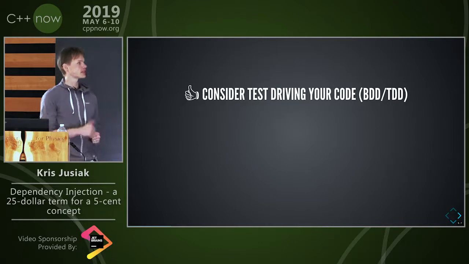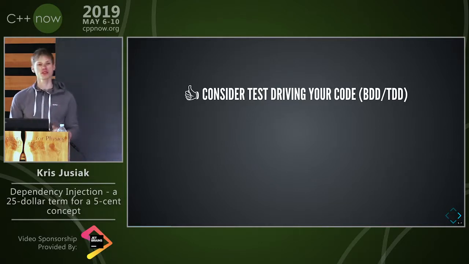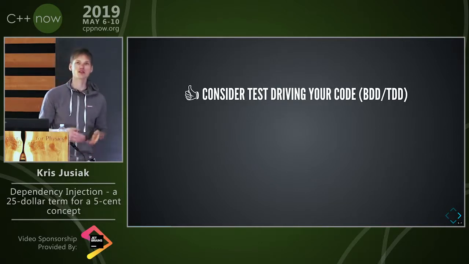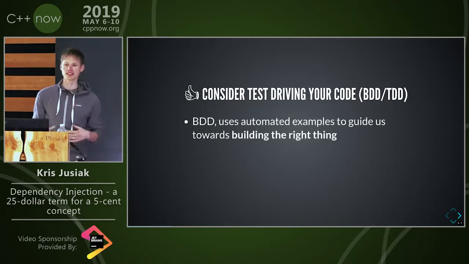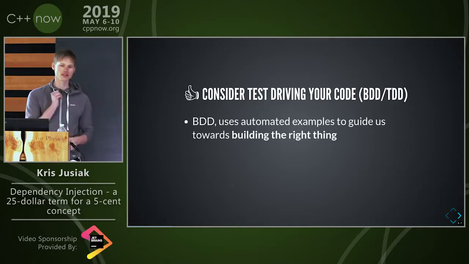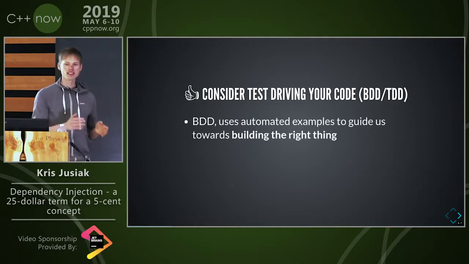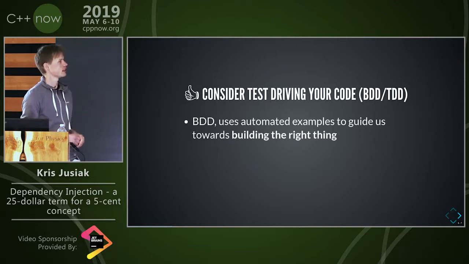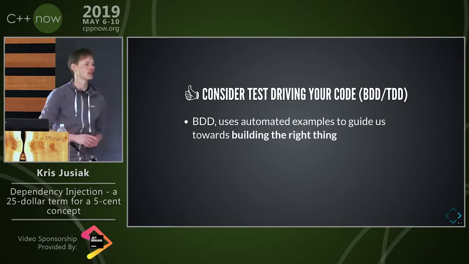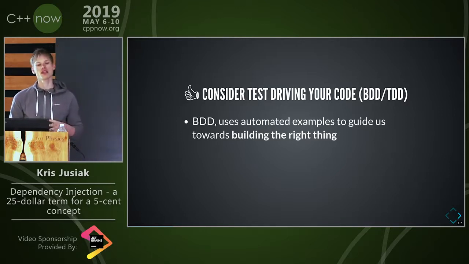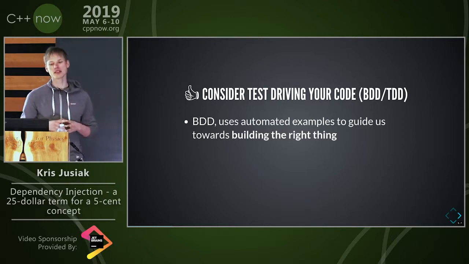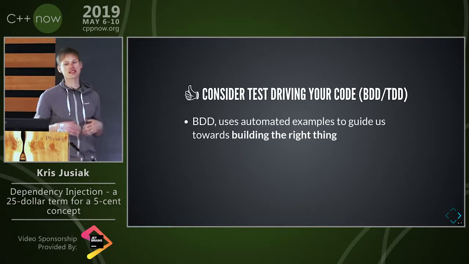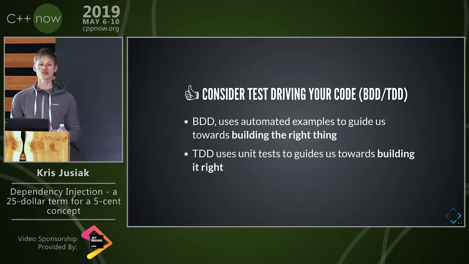The first good thing about it is that we should consider test driving the code because it puts us in the right direction for the design we will have. And just to talk about BDD and TDD, the difference is that BDD tells us how to build the right thing, but it doesn't tell us how to build it right.